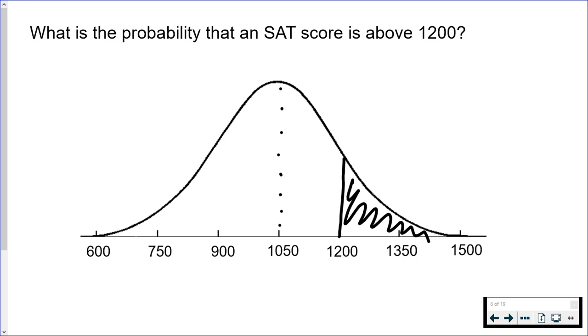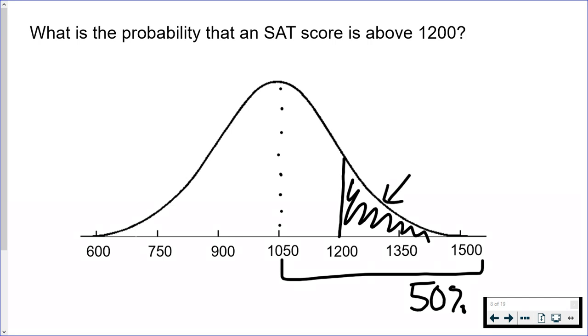If I cut it in half, that must mean 50% of the population is below the mean and 50% is above the mean. So if I know that this entire space between the mean and then to the right forever is 50%, I can use that to figure out this shaded region.